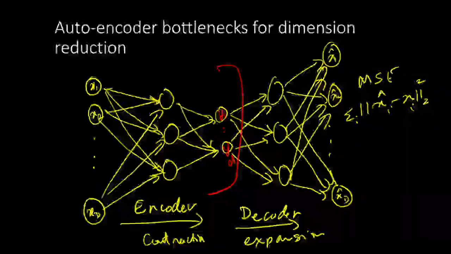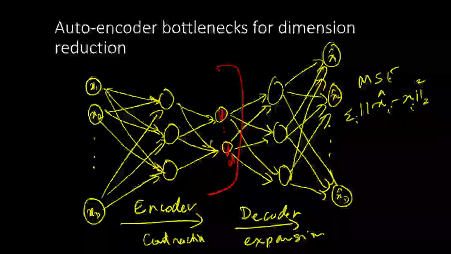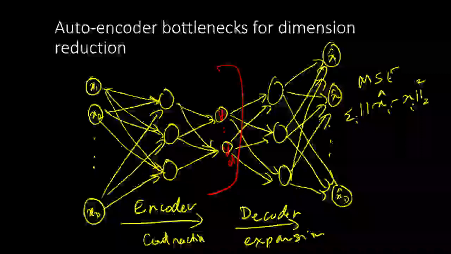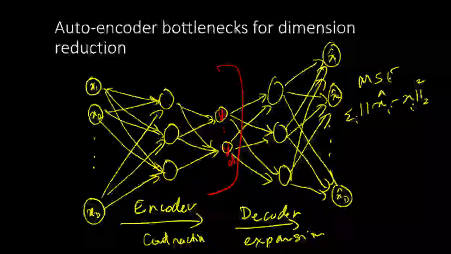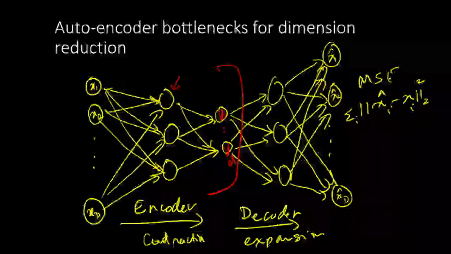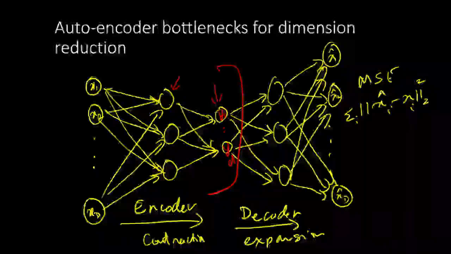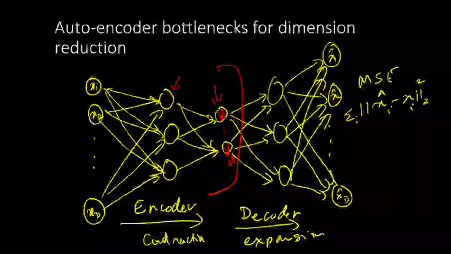Okay, so the output that we get here, because it is trained in such a way that it will reconstruct the data well, is a good representation of the data in terms of reducing the dimensions without having too much MSE. On the other hand, because of the activation function of the neurons being nonlinear, this is a nonlinear dimension reduction technique.